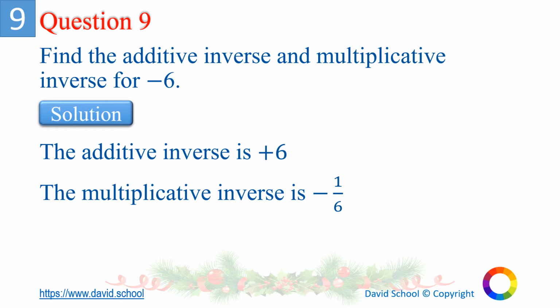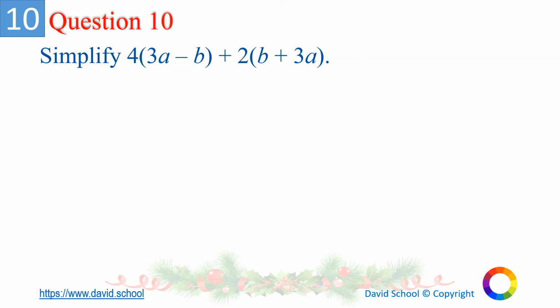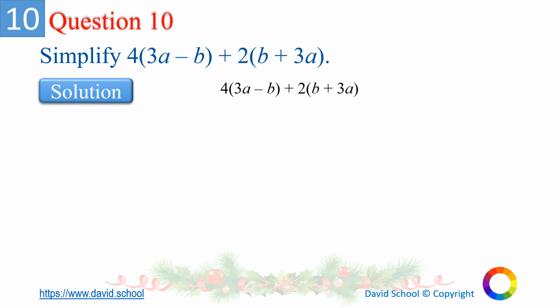Now let us simplify some expressions. Using properties of real numbers, we will simplify these expressions. Use the distributive property. It will be 4 times 3a is 12a minus 4b, plus, and use the distributive property again, 2b plus 2 times 3, 6a.